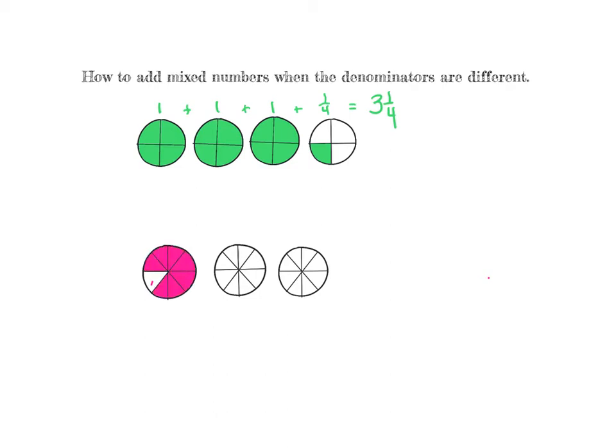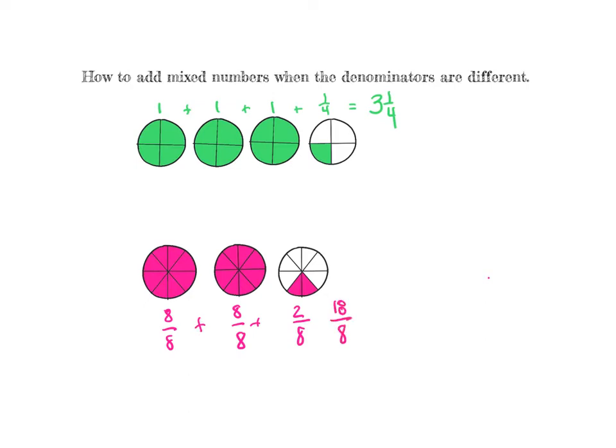And this has 8 pieces, I notice. 1, 2, 3, 4, 5. These are 8ths. Okay, so we'll just remember, how do we represent that? 8/8, 8/8. And then we will have 2 8ths there. So if we add these up together, the improper fraction would be 16, 17, 18 8ths.